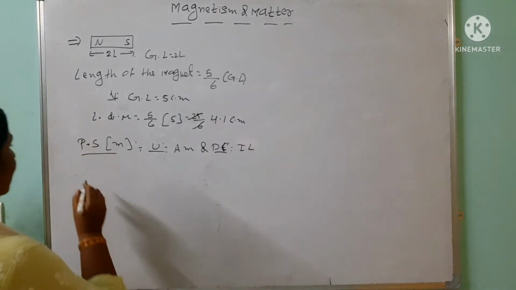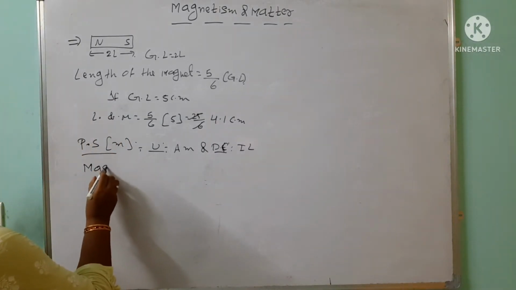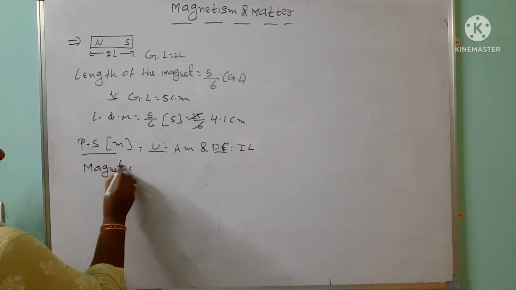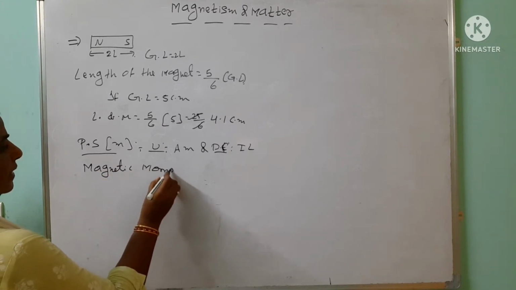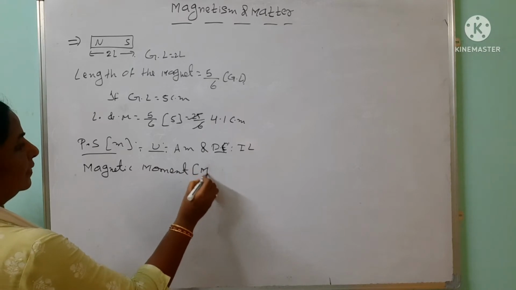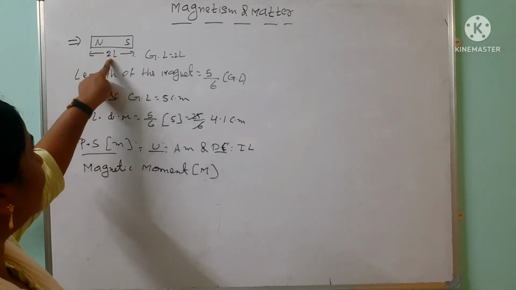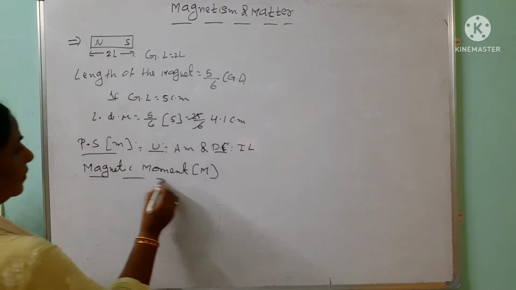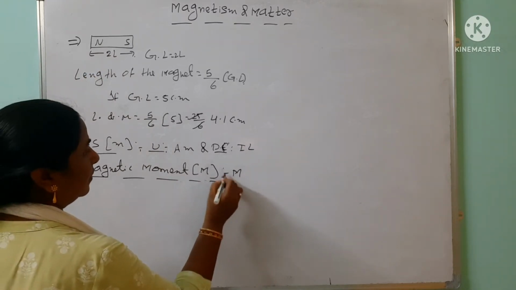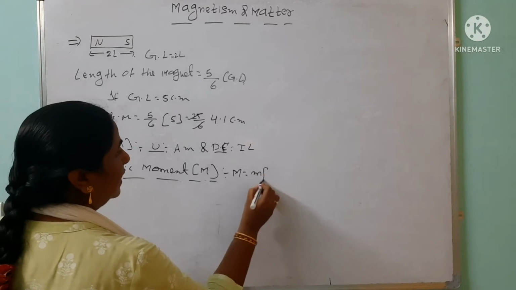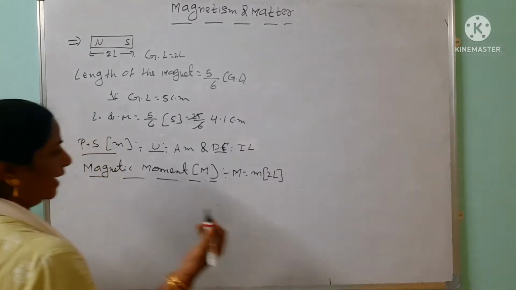Then magnetic moment. Magnetic moment is represented by capital M. Here we are taking one magnet. It has two poles, and that length is 2L. The product of pole strength and length of the magnet is called the magnetic moment.